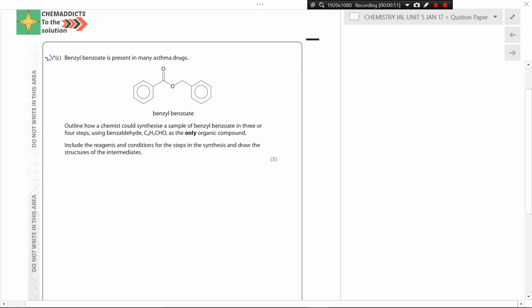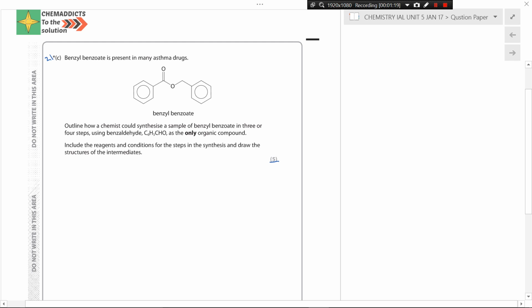Outline how a chemist could synthesize a sample of benzyl benzoate in 3 or 4 steps using benzaldehyde as the only organic compound. Include the reagents and conditions for the steps in the synthesis and draw the structure of the intermediates. Okay, and the total mark for this question is 5.